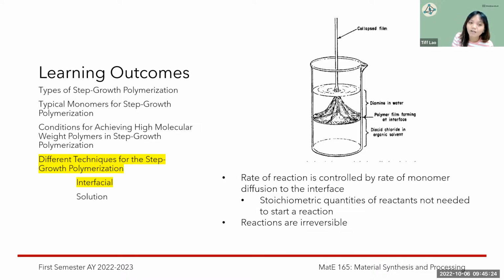Do you have proof of how these three, the rate of reaction, are controlled? Actually, the kinetics is discussed in MatE 131, but for MatE 165, you just need to know that these are the kinetic behaviors of interfacial polymerization. Okay? Gets? Clear?